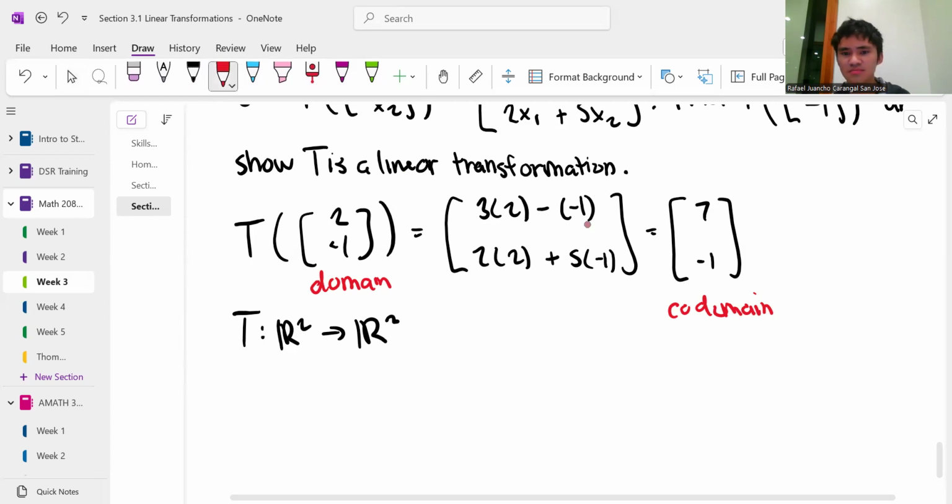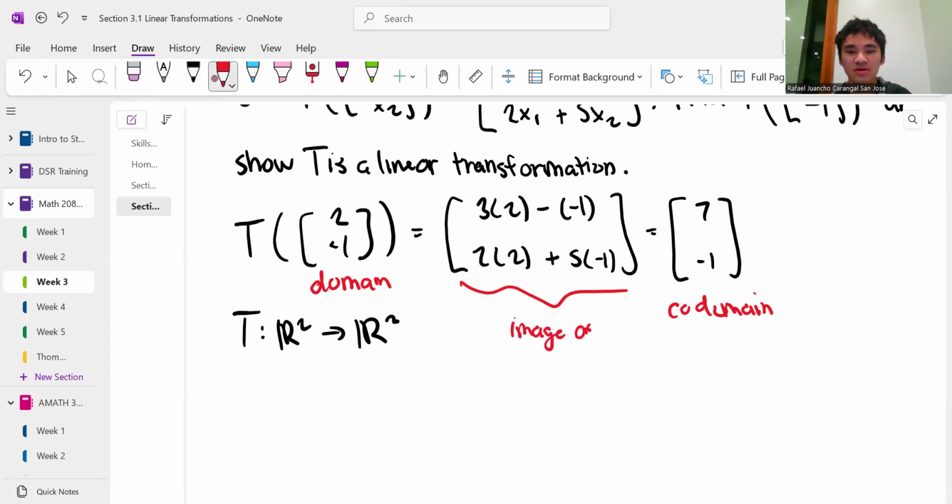Oh, this one. This is the range, the range of all values. Or in this case, actually, this is an image of the vector under T. And then we say this is a subset.